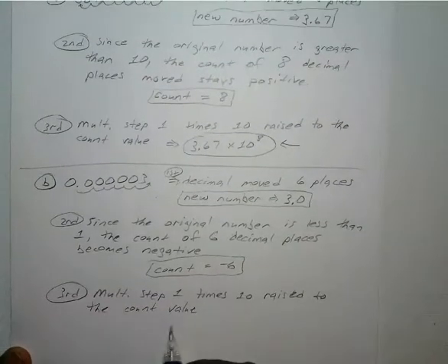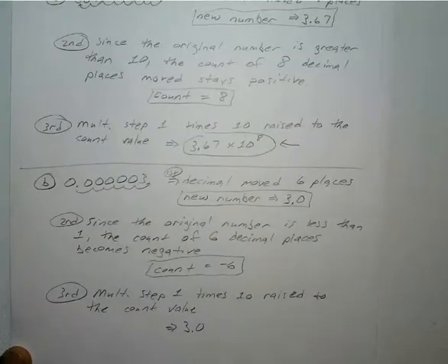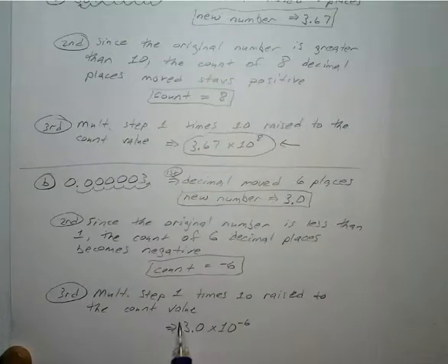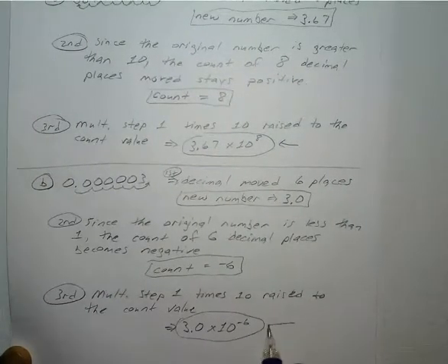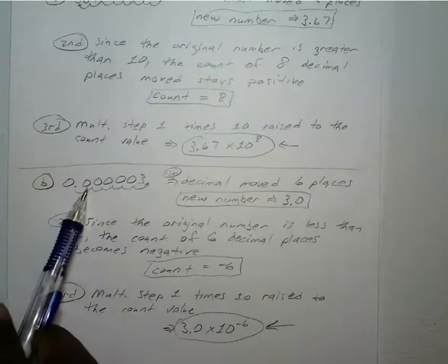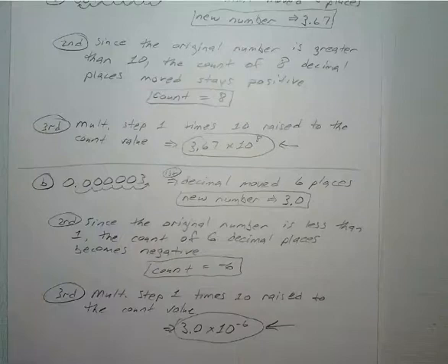In other words, you have 3.0 or 3. If you want to use just 3, you'll be okay, times 10 to the negative 6th power. And that is your scientific notation of 0.000003.